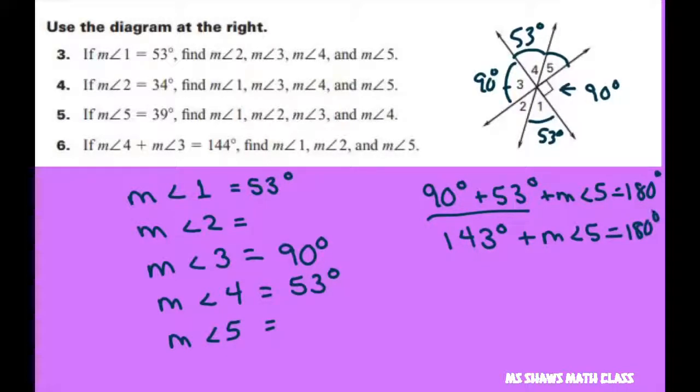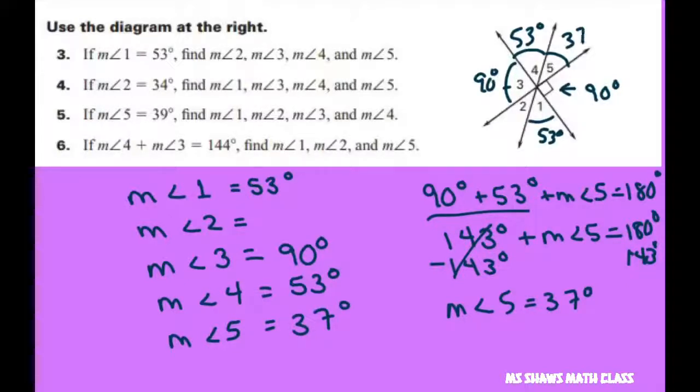Then subtract 143 degrees from both sides, and you're going to get the measure of angle 5 equals 37 degrees. So the measure of angle 5 is 37 degrees. That means the measure of angle 2 is also 37 degrees.